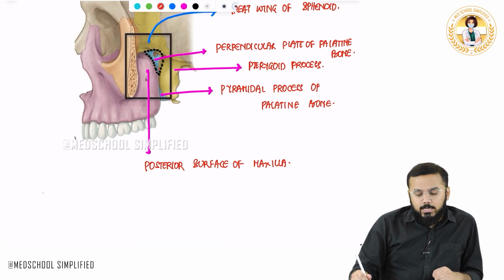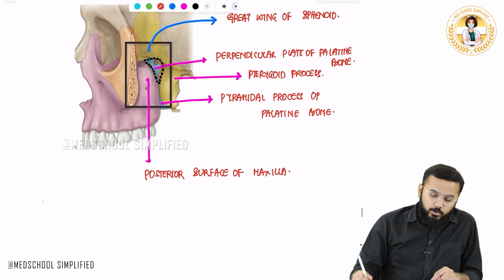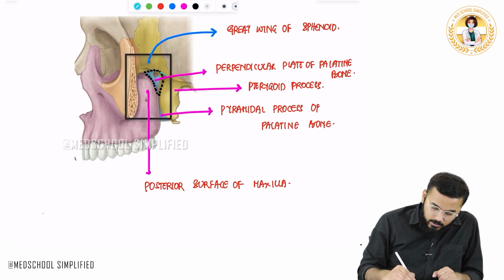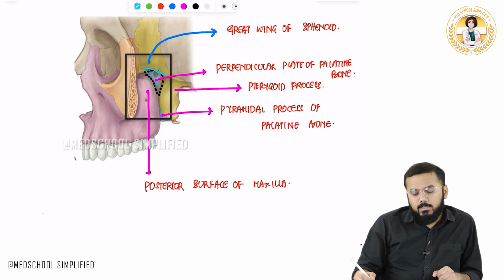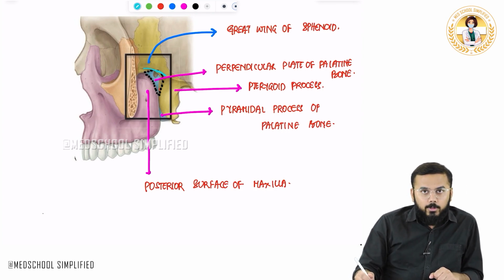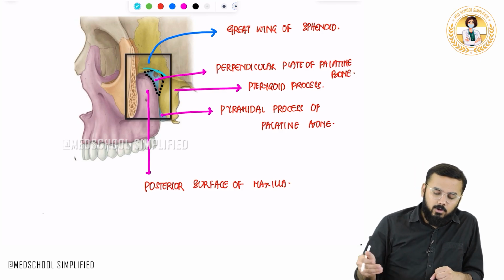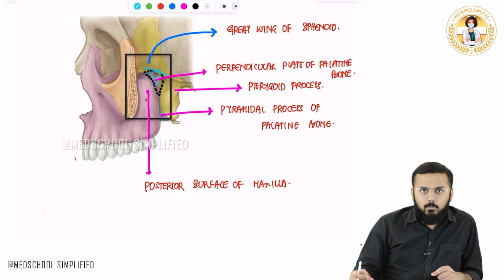Now what is the structure that you have laterally, right? Laterally I cannot show it to you here, but if you look clearly, you can see this particular structure here, right? So this is the lateral border. You might think this is a superior border, but no, this is the lateral border. In this picture you cannot see it. If you look from the front or from the back, you can see that it is a lateral border.